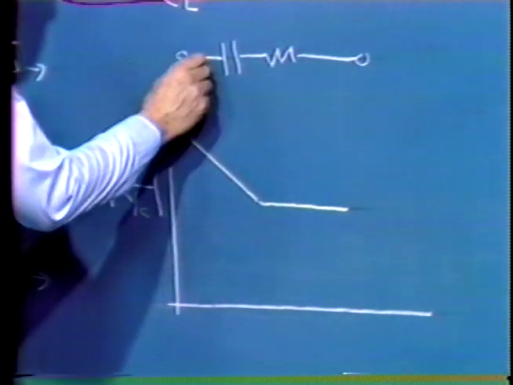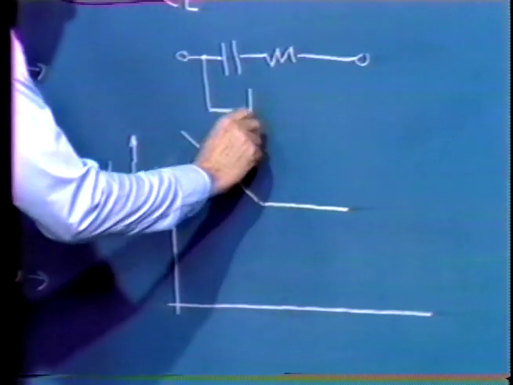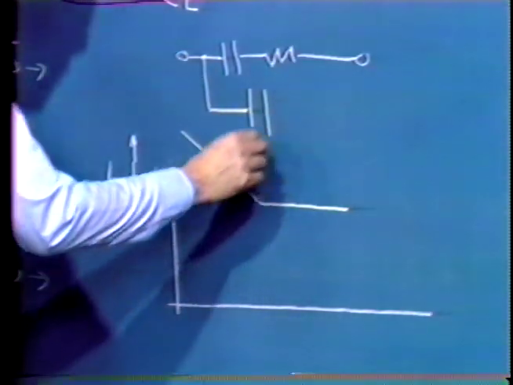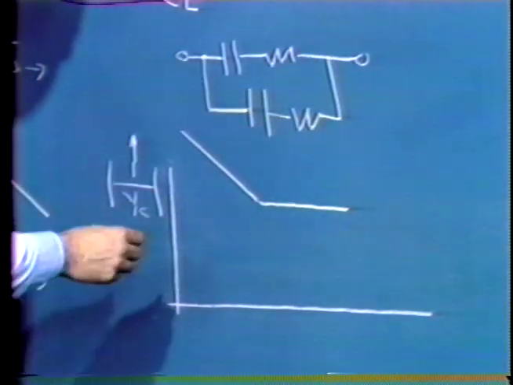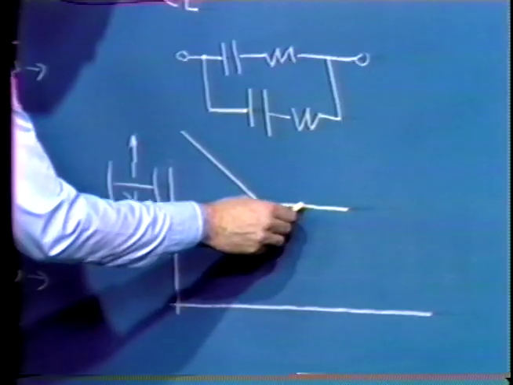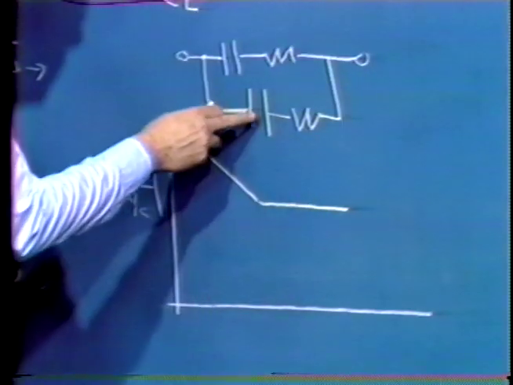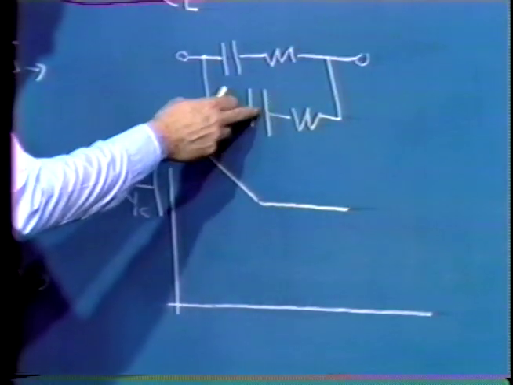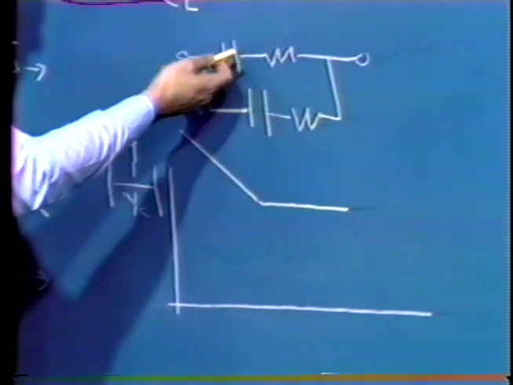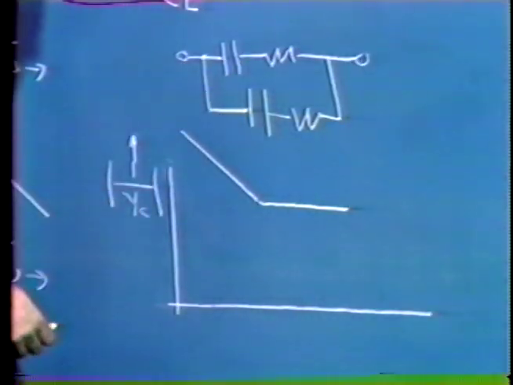We now could add a smaller capacitor and maybe another resistor. And now what would happen is that at some higher frequency, this capacitor would become important. It would now shunt this path. Both this capacitor and this resistor are smaller in value than the corresponding elements in the top rung.